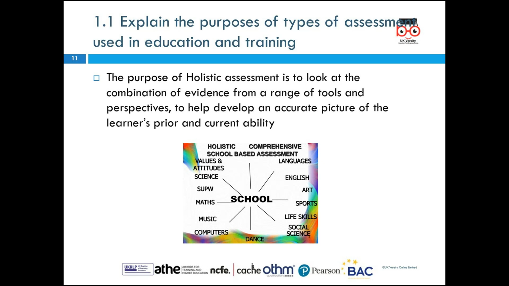But for you, if they're always talking to you and having big conversations, while you're sitting there you could say, can you count how many flowers are on that bush over there? Then they might just count from 1 to 10 for you. So it's doing that assessment using different tools and different settings, rather than the formal setting where you're in a room or hall on your own. You're using the playground and the things around you. This will help you get a good picture of their prior ability and also their current ability at the moment.